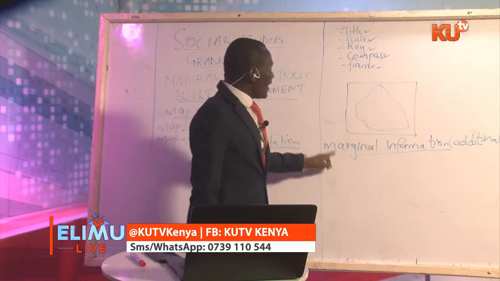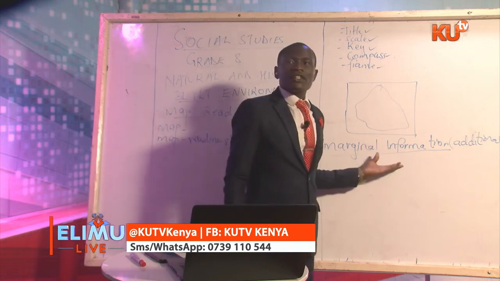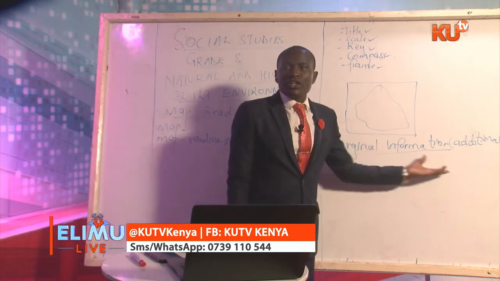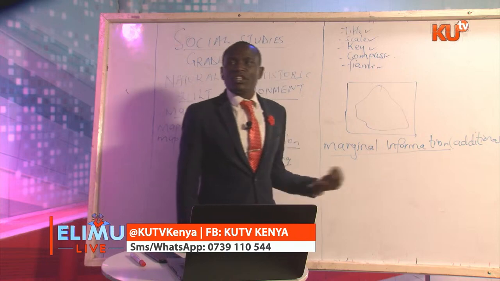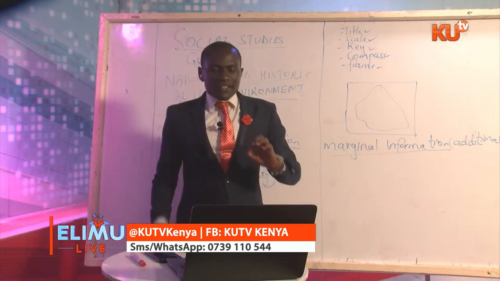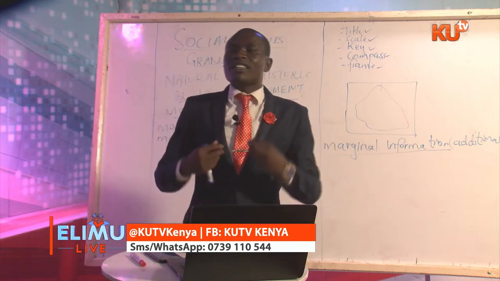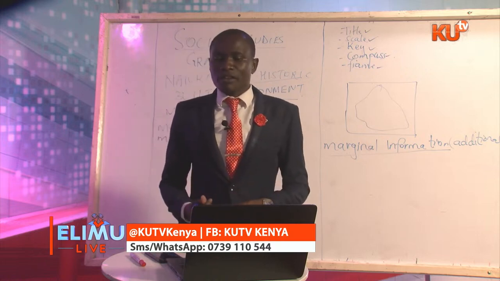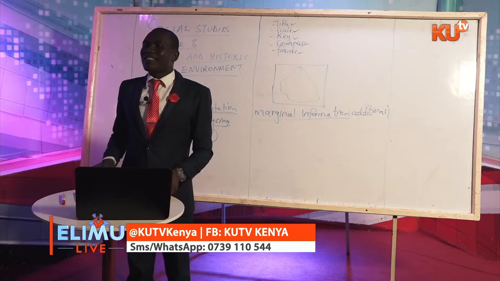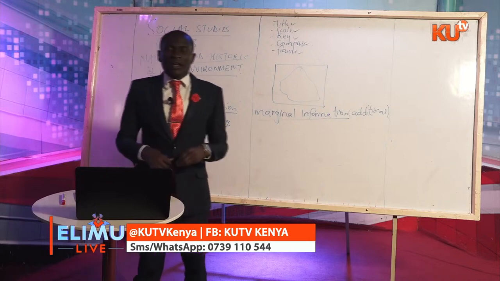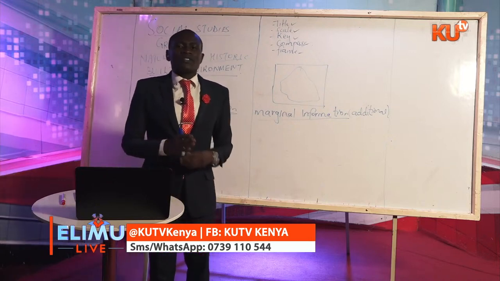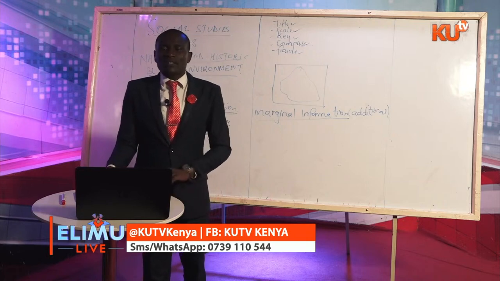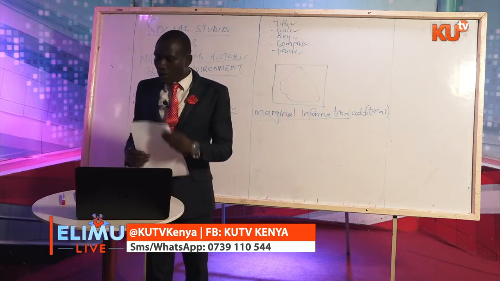So any added information found on the map sheet is called marginal information, and it is always given on the margin of the map sheet. We'll be looking at the types of marginal information that you can see on the map we have just looked at on our screen.